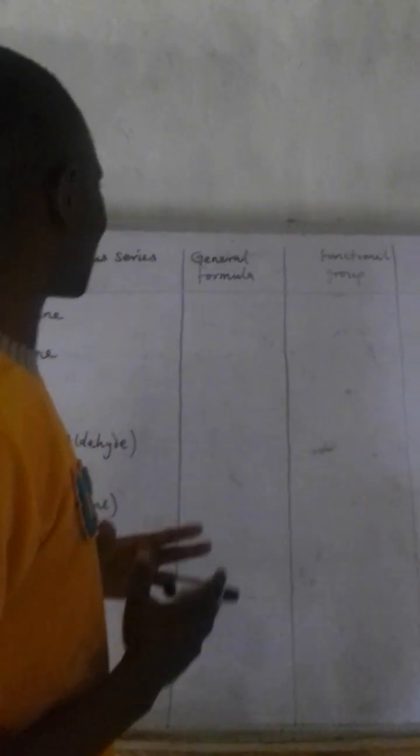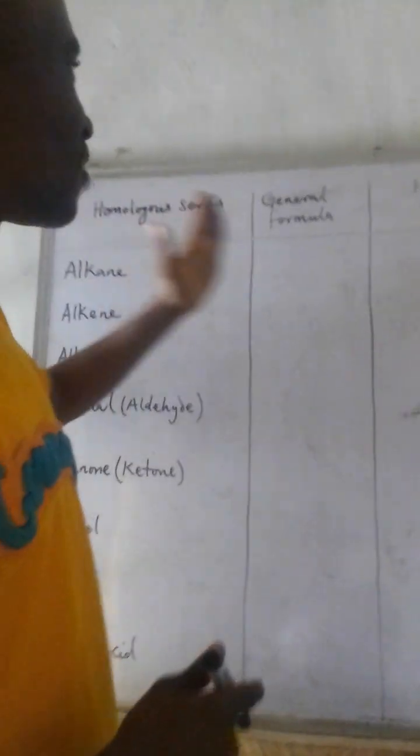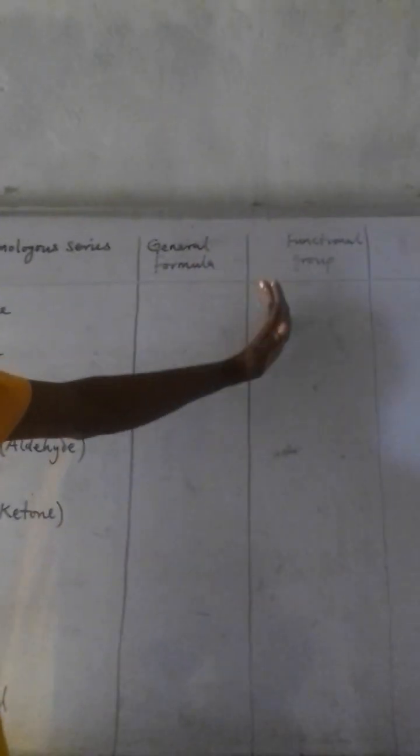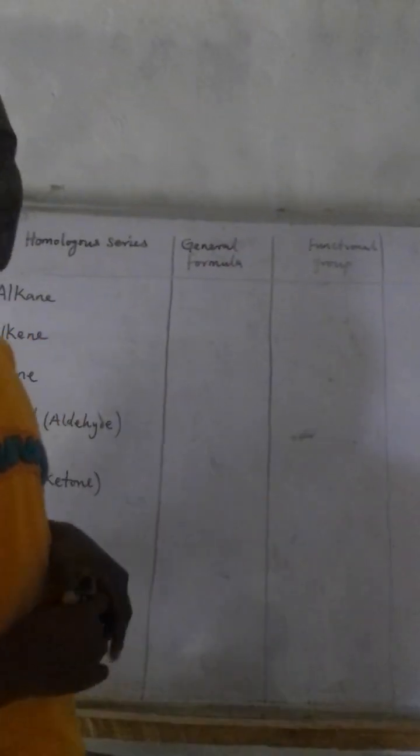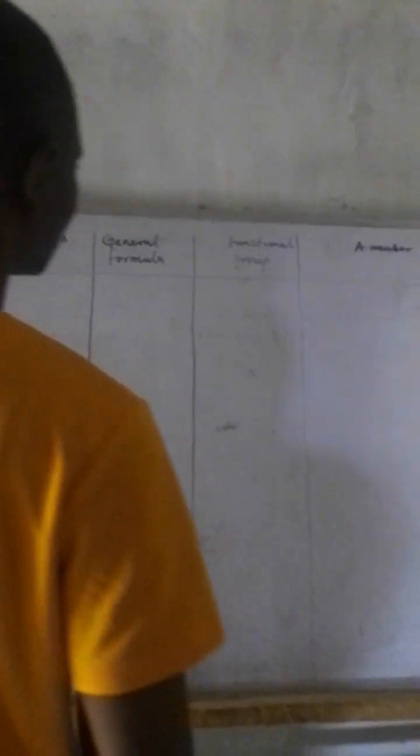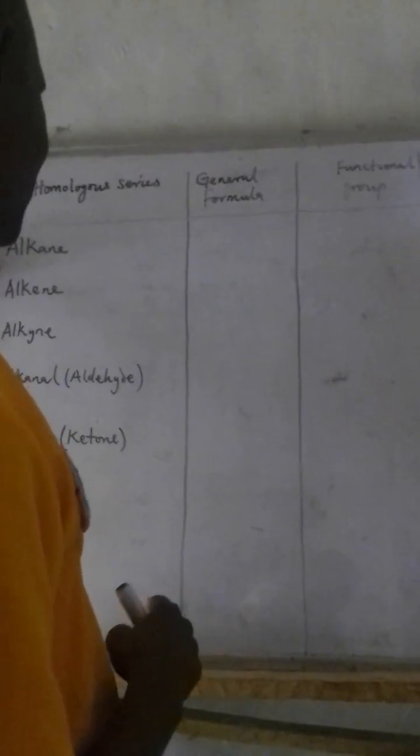Today we want to look at some of the homologous series, their general formula, their functional group, and an example, a member of the homologous series. So we start from alkane. These are some of the homologous series listed.